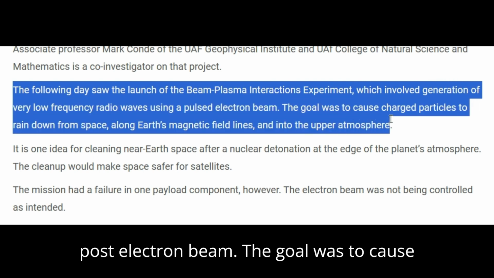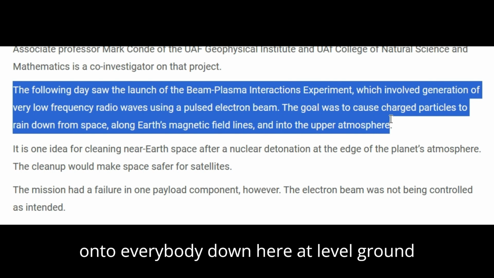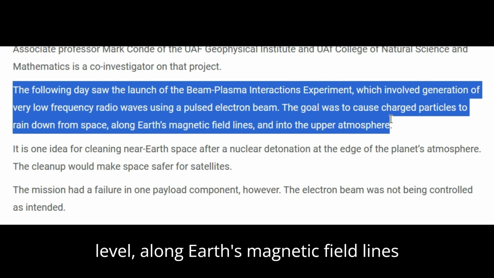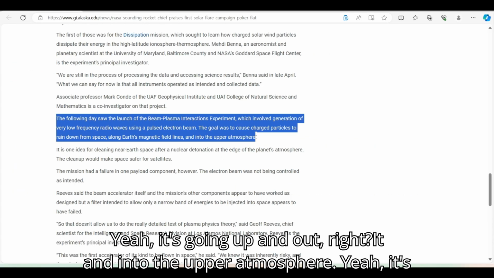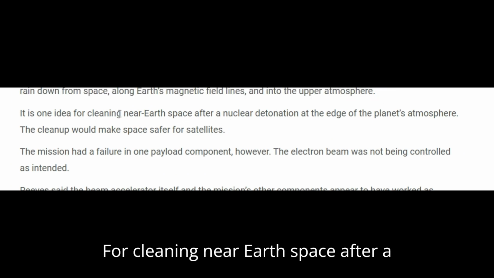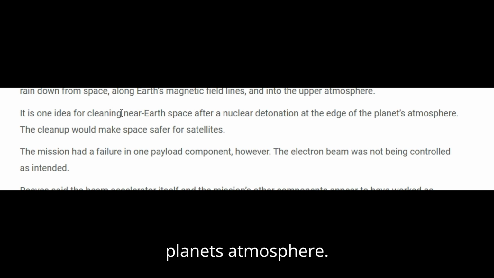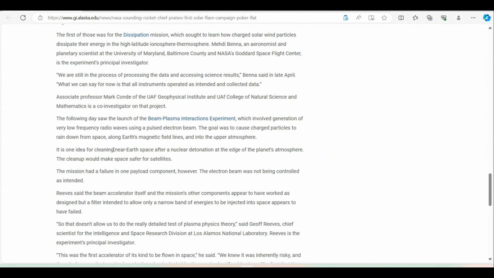The goal was to cause charged particles to rain down from space along Earth's magnetic field lines and into the upper atmosphere. Yeah, it's going up and out, right? It is one idea for cleaning near Earth space after a nuclear detonation at the edge of the planet's atmosphere.